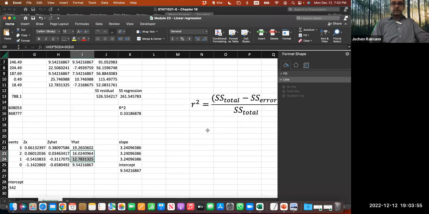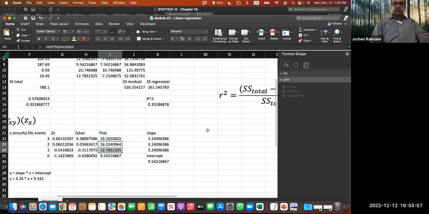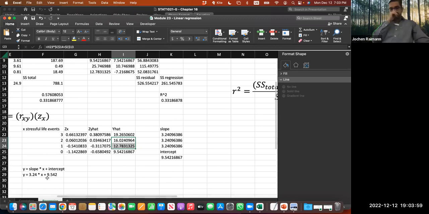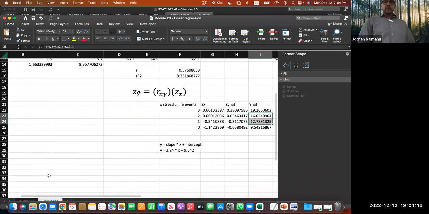Based on that, we developed the regression function. The regression function, this is important, this is always to be kept in mind: the slope multiplied by X, and adding the intercept, will get you to this function that you can utilize to predict values.